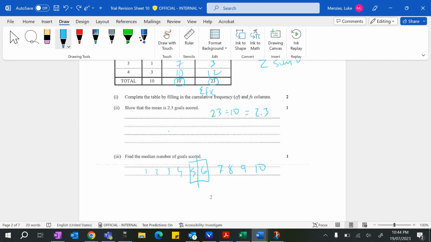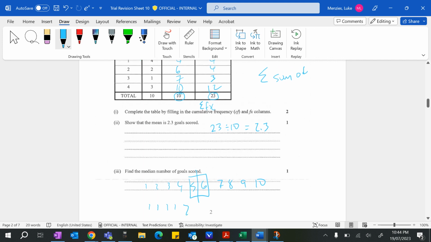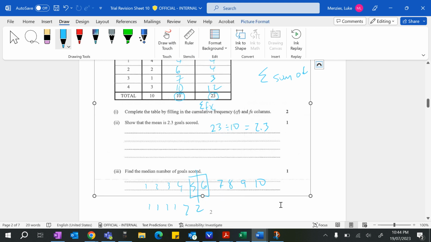So you'd go 1, 1, 1, 1, and then there's what? 2 twos, 2, 2. I might as well keep going. 3, and then there is 4, 4. Oh, 3 fours. Okay, so we want to find what's halfway between the fifth and sixth number.